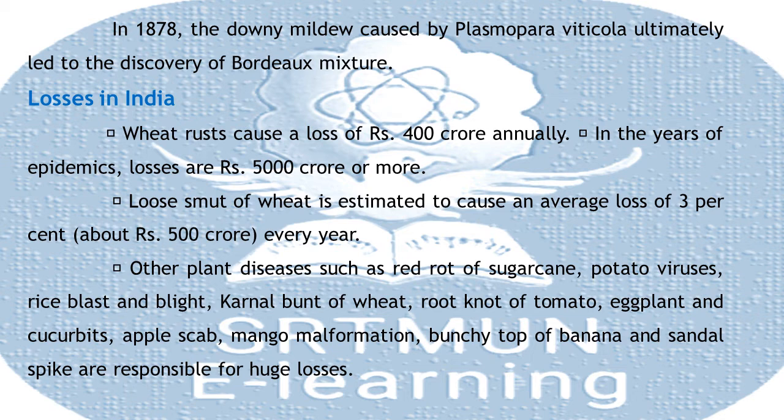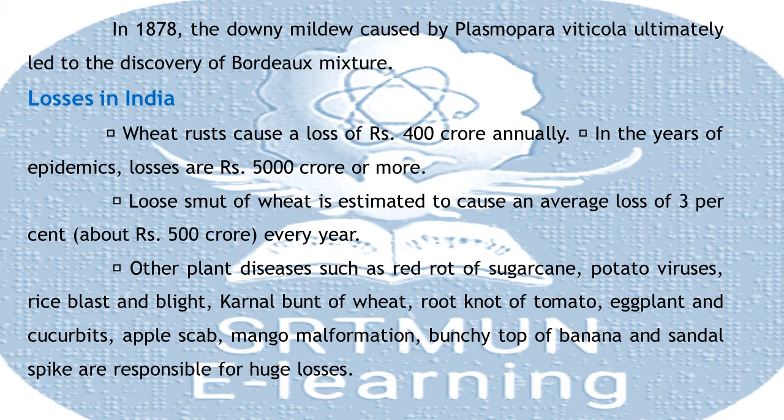Loose smut of wheat is estimated to cause an average loss of 3%, about 500 crores every year.